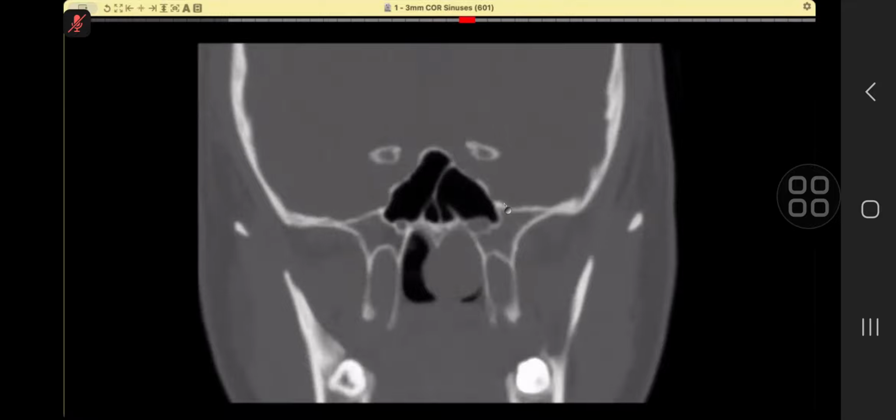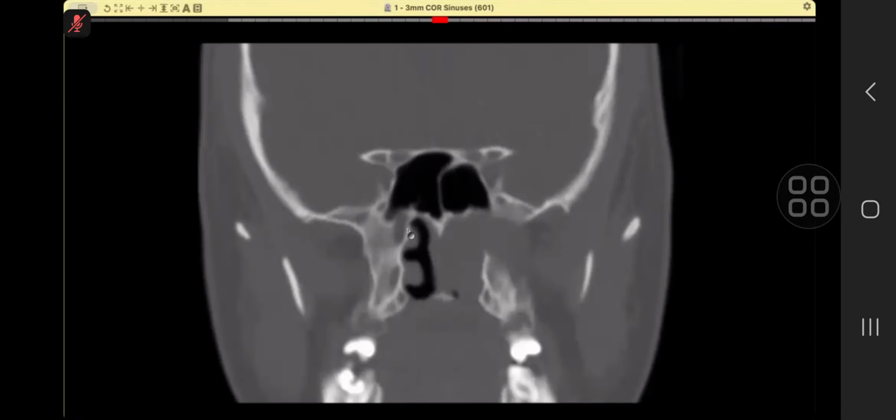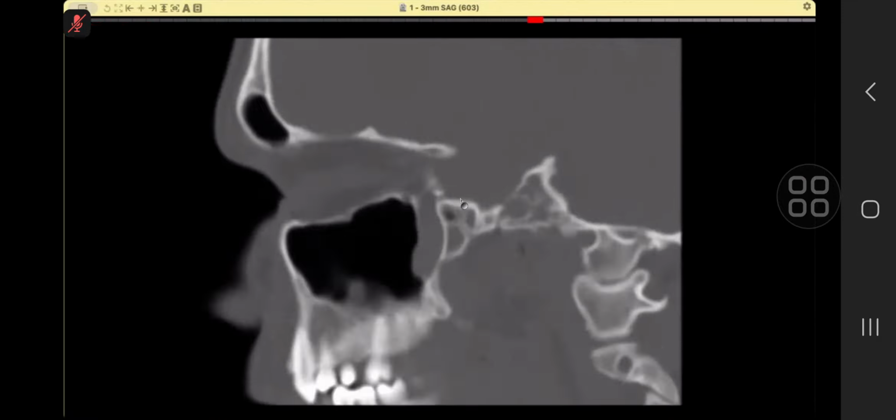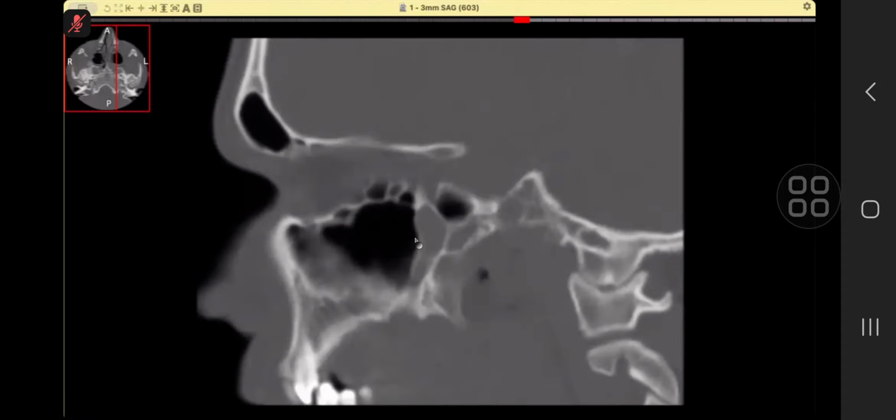The distinguishing finding is that this is the Vidian canal, and this Vidian canal versus this Vidian canal. So the tumor actually has gone into the Vidian canal. And this is what this case was about. Other than the diagnosis, the fine touch was this, and this is the pterygopalatine fossa.